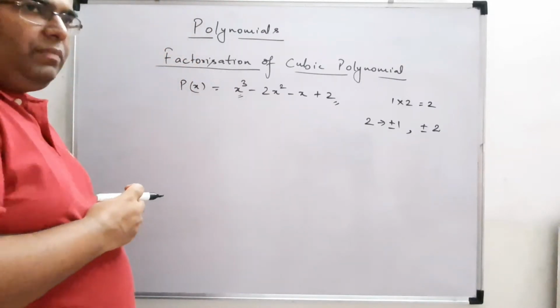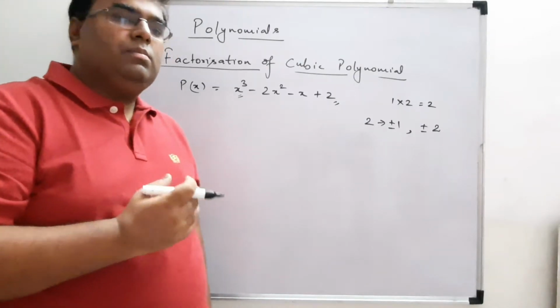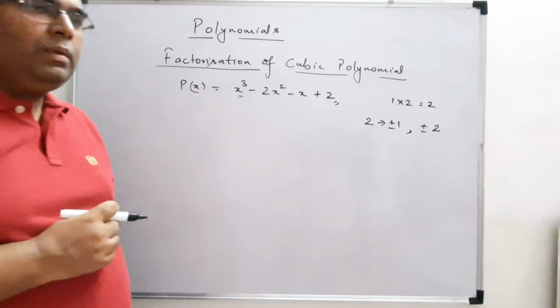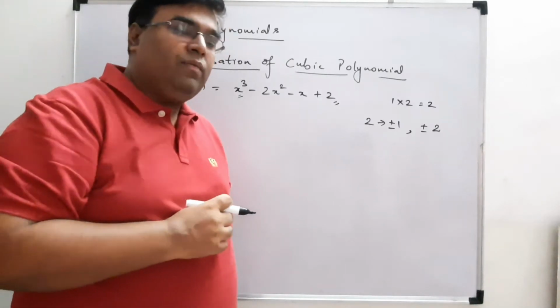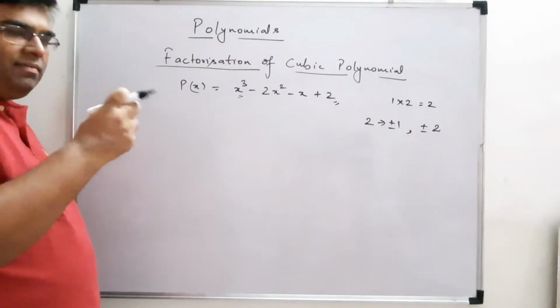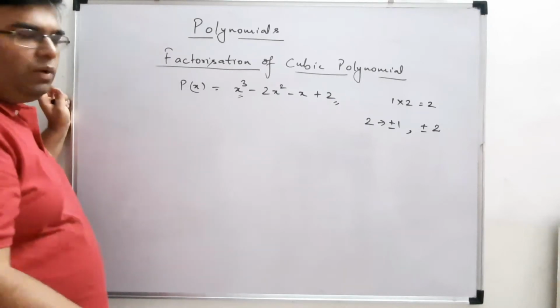Now we will use our factor theorem, right? Factor theorem says that if you put a value of x in a polynomial, and the value of that polynomial becomes 0, it means x minus that value is a factor of that polynomial. So let us try that.